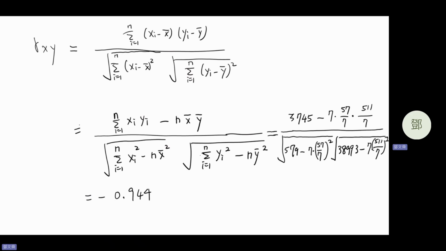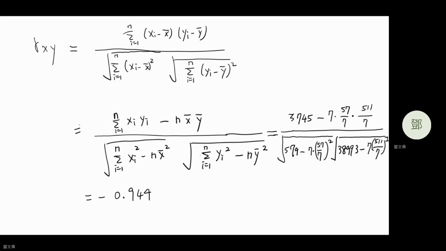And you will see that the sample correlation coefficient is minus 0.94, which is very close to -1. What is their relation? Opposite direction. Okay, opposite.